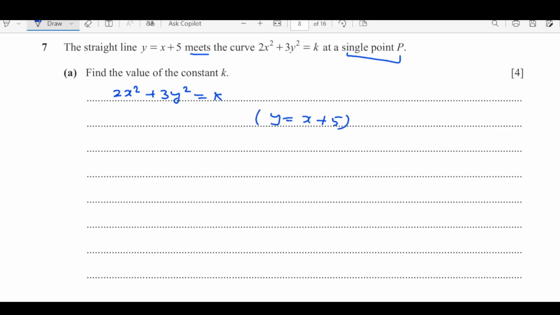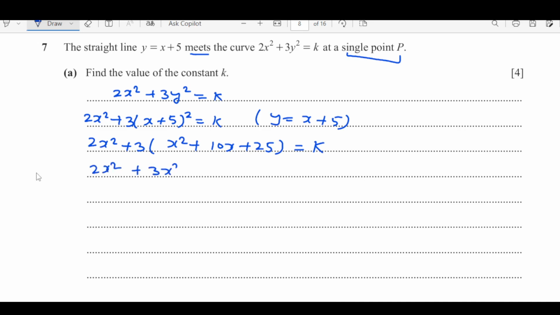So this becomes 2x squared plus 3 times (x plus 5) squared equals k. Now we can expand it: 2x squared plus 3 times (x squared plus 2ab, that is 5 times 2, 10x, plus 25) equals k. So we have 2x squared plus 3x squared plus 30x plus 75 equals k.